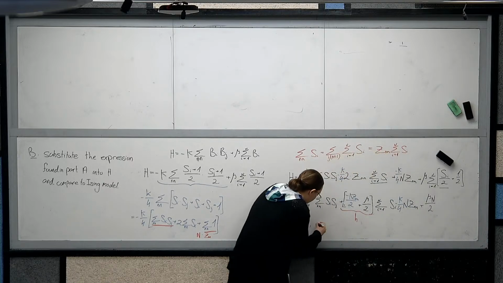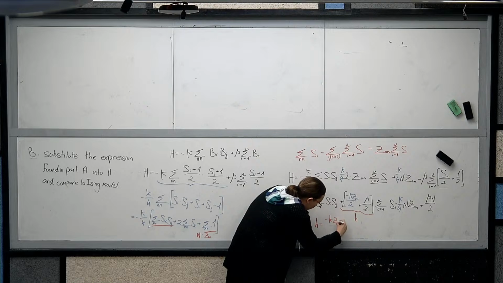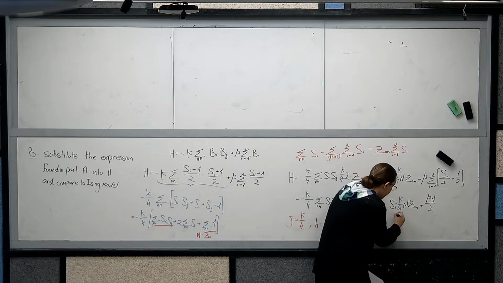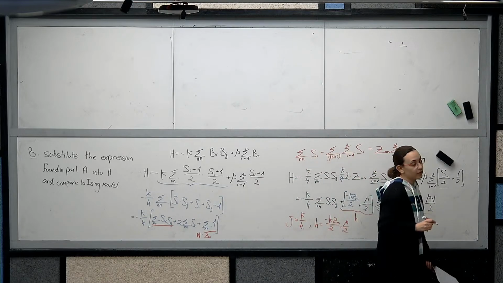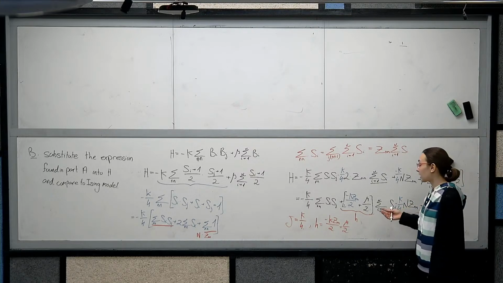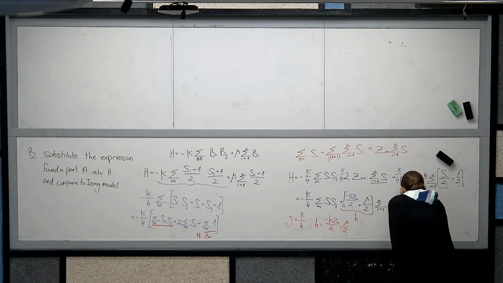So our H will be equal to minus kzn divided by 2 plus mu divided by 2. And this constant we don't have in the Ising model, but it's just a constant energy inside the Hamiltonian, and we don't care about constant energy. So we can just neglect this value.